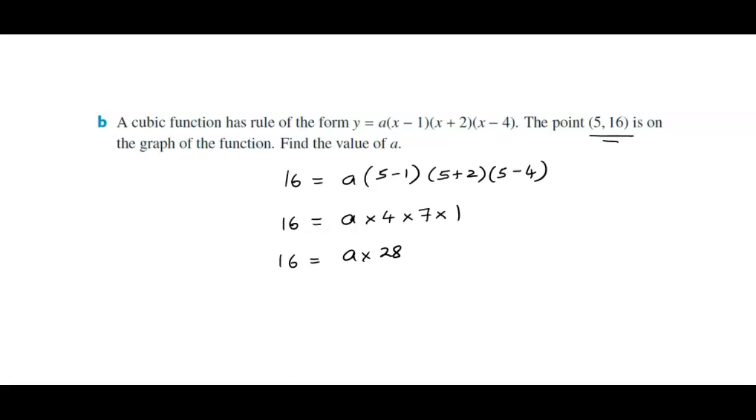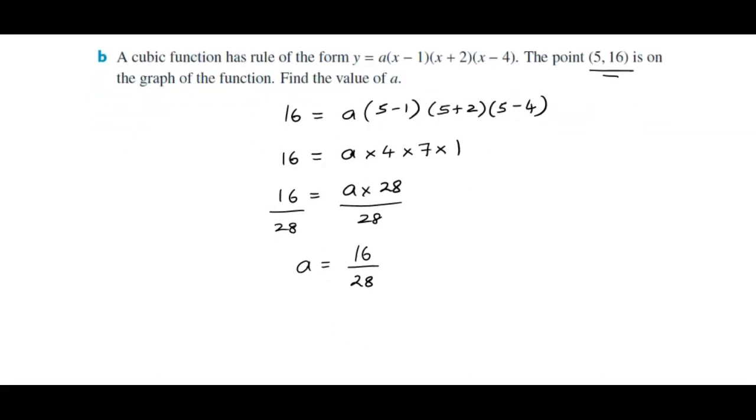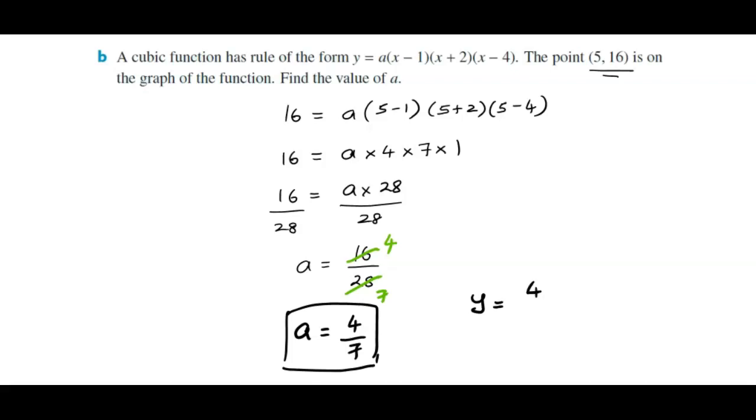Dividing both sides by 28 gives us the value for a as 16 on 28, which we know can be simplified further. 4 goes into 16 four times, 4 goes into 28 seven times, which gives us the value for a as 4 on 7. Again, we can choose to rewrite the rule with the value for a, which means y equals 4 on 7 times (x minus 1) times (x plus 2) times (x minus 4). And that completes that question.